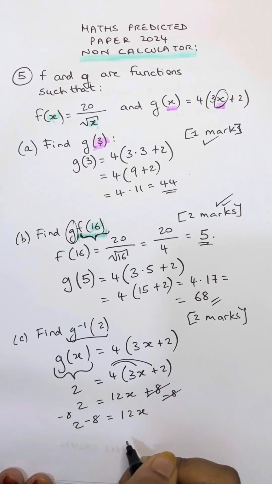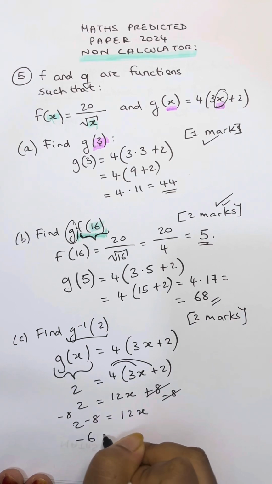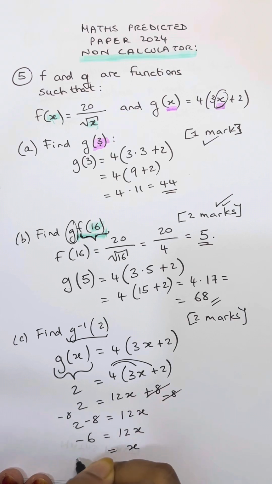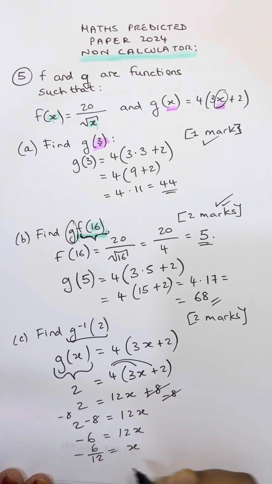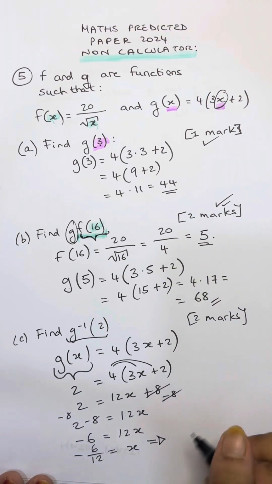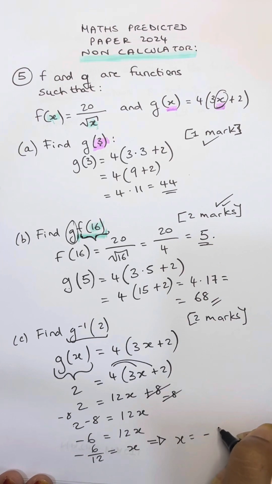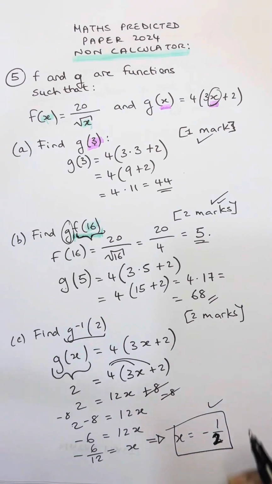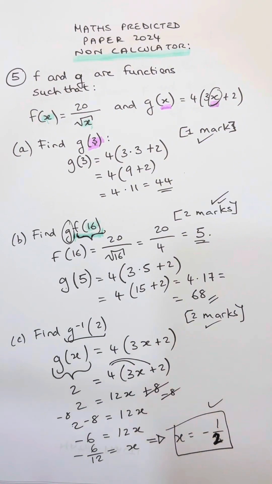So 2 take away 8, that's minus 6, equals 12x. So x equals what? Minus 6 over 12. And the final answer has to be in its simplest form. So x equals minus 1 over 2. And that's your final answer, which should give you 2 marks.